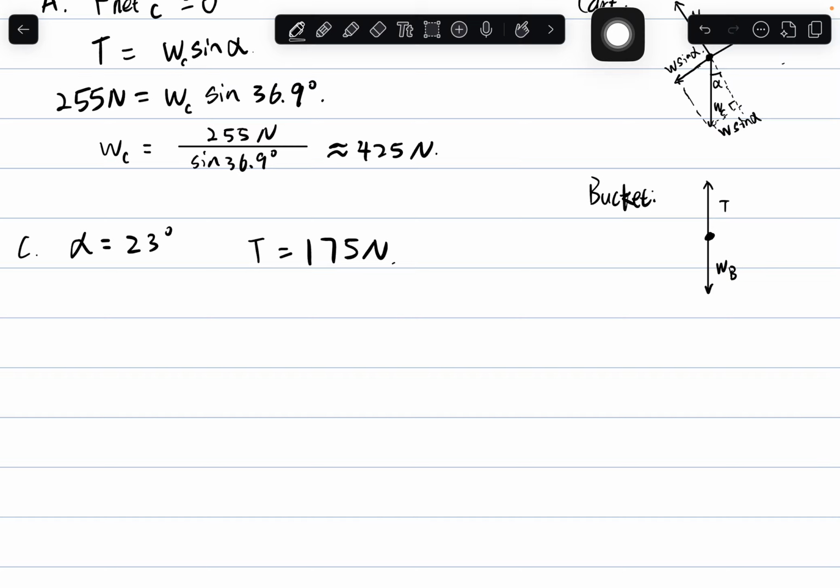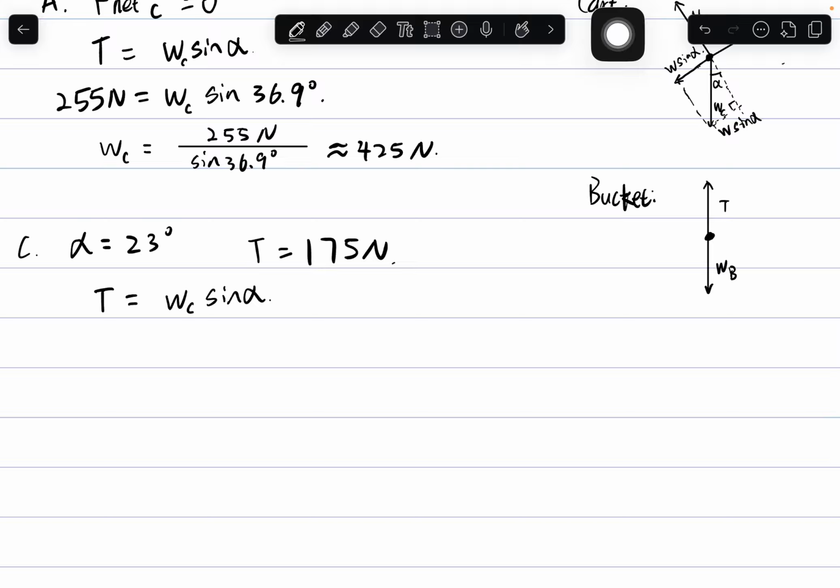Since it's at rest, the tension on the rope is equal to the friction, which is the weight of the cart times sine alpha.